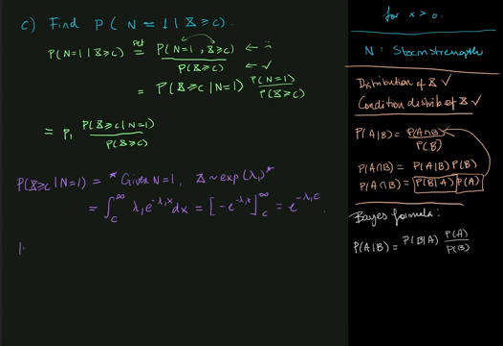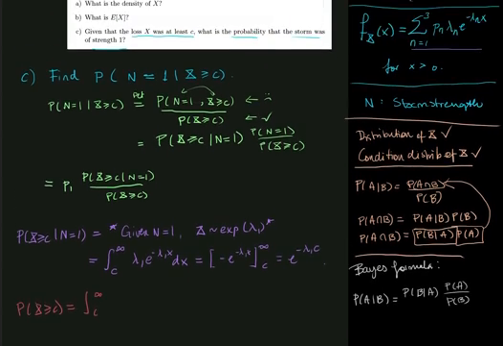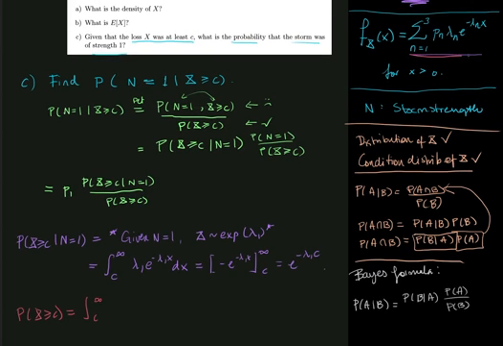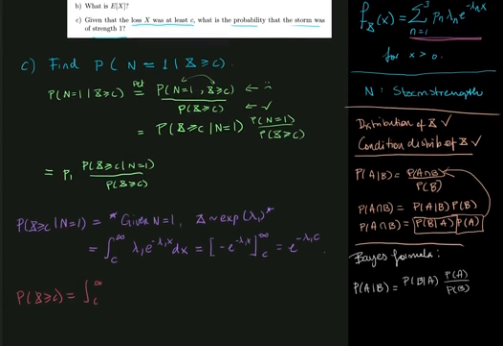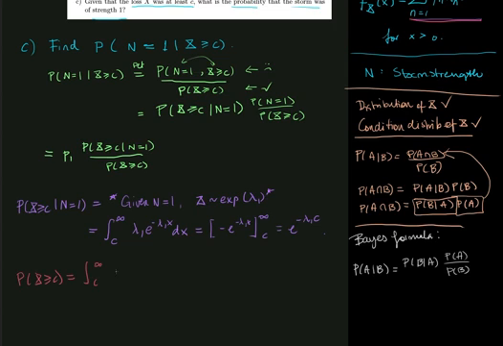Running out of colors here. So for the denominator, which color should I use? Let's take red. The denominator, the probability that x is greater than or equal to c, is calculated in the exact same way, where we just use the density of x. And the density of x was what we found in part A as the weighted average of the conditional densities.